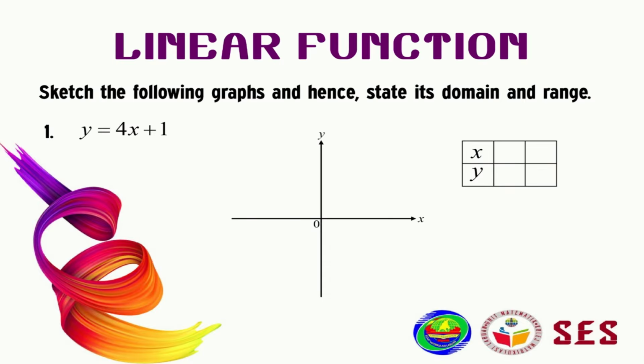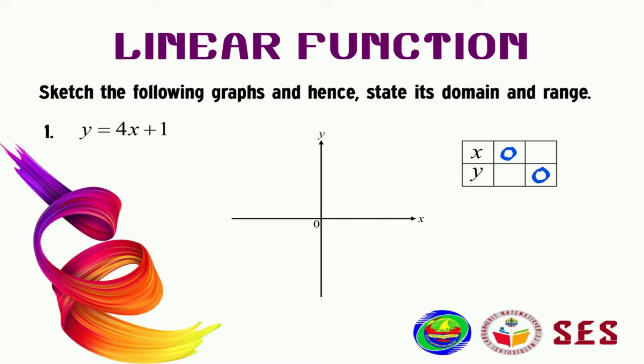To sketch the graph of a linear function, we need at least 2 points. The easiest way to get 2 points is by substituting x equals 0 and y equals 0, so we obtain the x and y intercepts straight away.